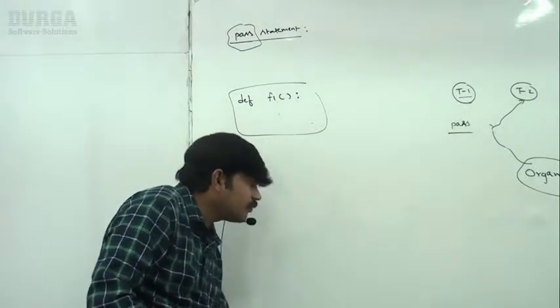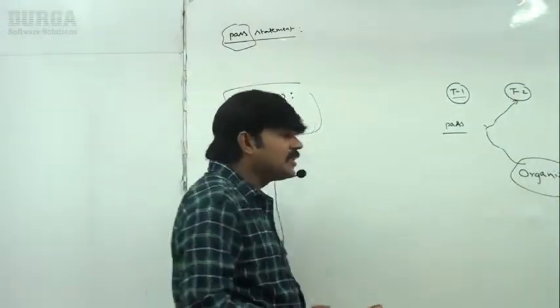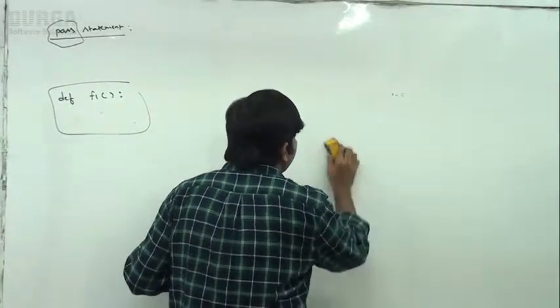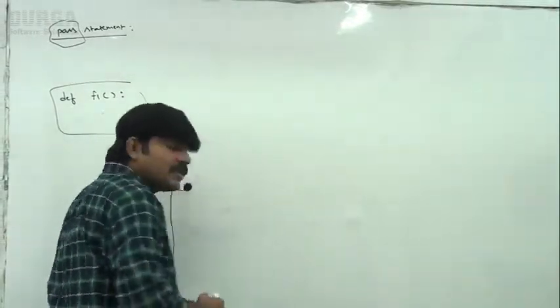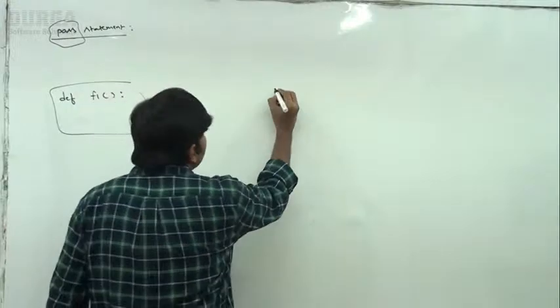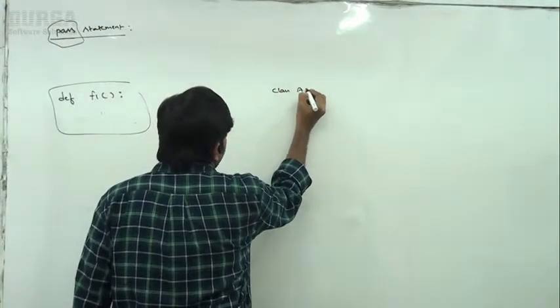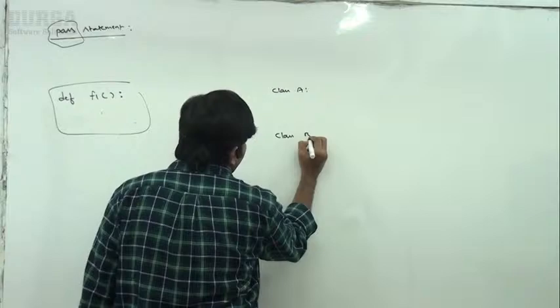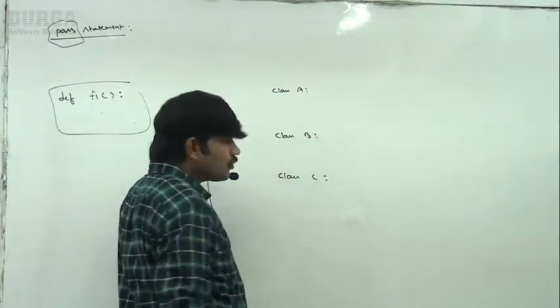In the same way, assume that I want to write multiple classes. Anyway, in object oriented programming I will explain in detail. Assume class A, class B, and I also have to write class C. So in total I'm taking 3 classes.